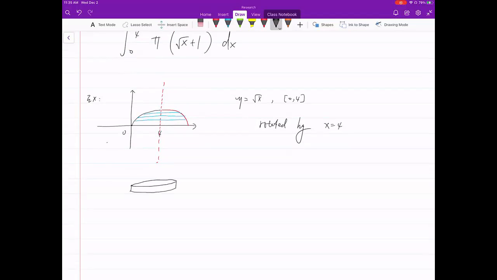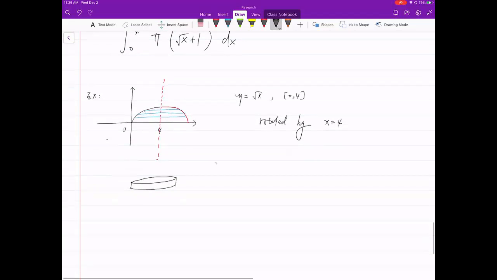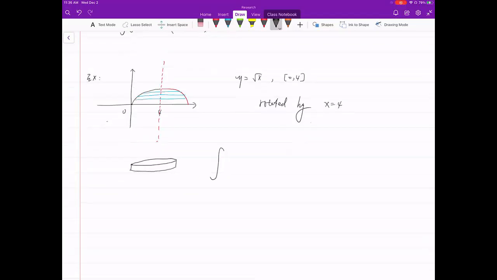Sounds good? How will that thing change your integration? Sum all the disks together. Disk has pi r squared, and disk has a height. That height is given by delta y, just like before the height was given by delta x, right? But when you do the integration, you just need to change this to be dy, which comes from delta y, because now I'm doing things in this direction.